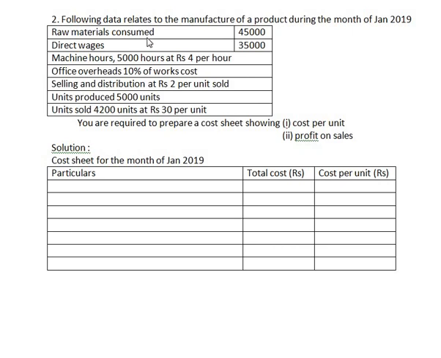Following data relates to the manufacture of a product during the month of January 2019. Raw materials consumed 45,000, direct wages 35,000, machine hours 5,000 hours at rupees 4 per hour, office overheads 10% of works cost, selling and distribution at rupees 2 per unit sold, units produced 5,000 units, units sold 4,200 units at rupees 30 per unit.